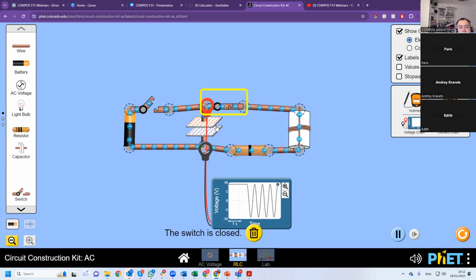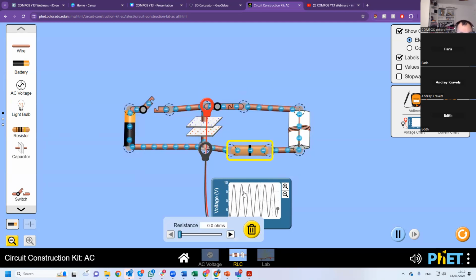Perfect. So this is my oscillating circuit. As you can see, the battery is not connected, it's just oscillating. A higher frequency, and yeah. And now, watch what happens when I introduce the resistance. Now the resistance is 0.